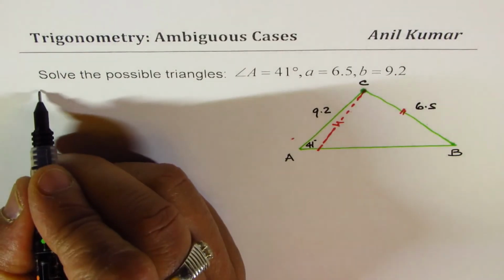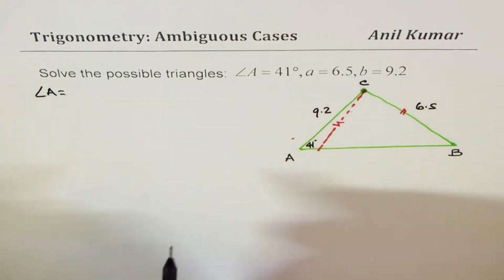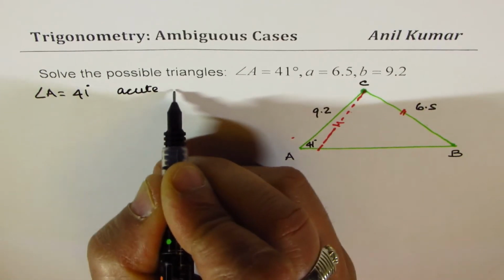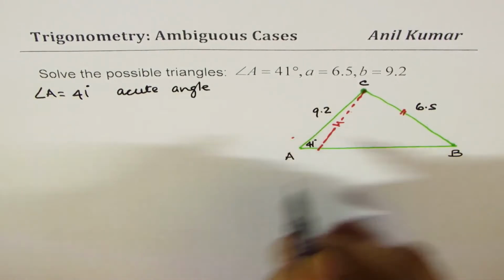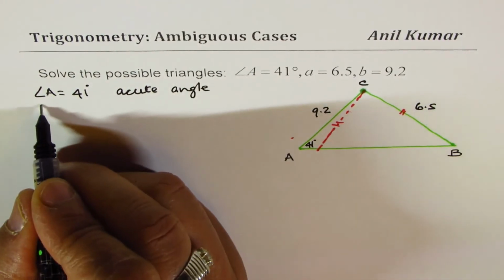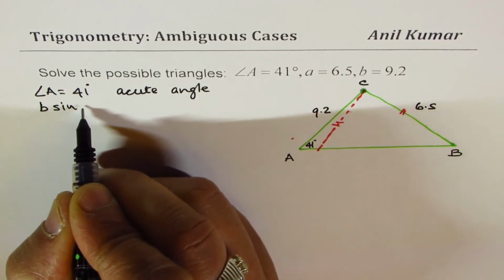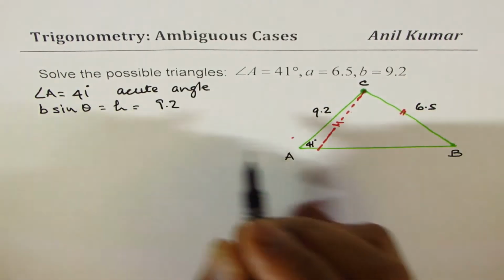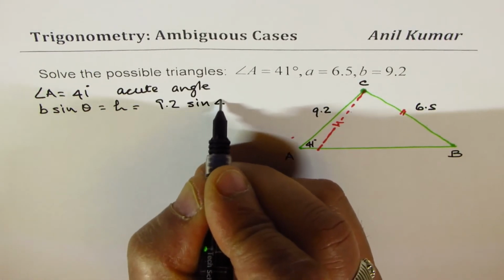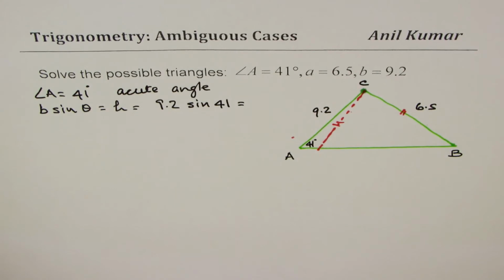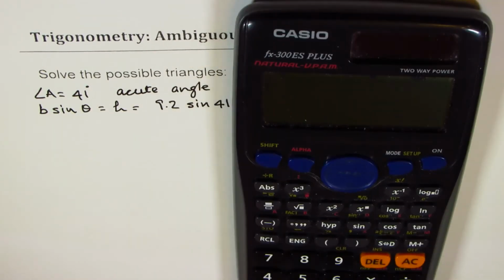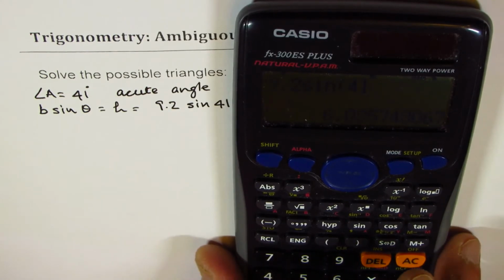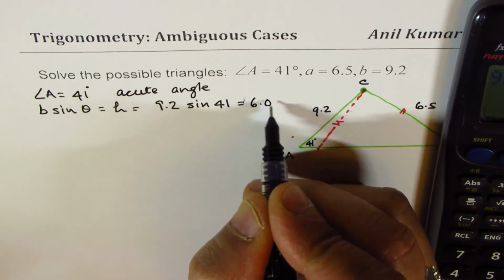What we figure out is that angle A, which is 41 degrees, is an acute angle. So we calculated B sine theta, which is the height, and that is 9.2 sine of 41, and it gave us 6.03.